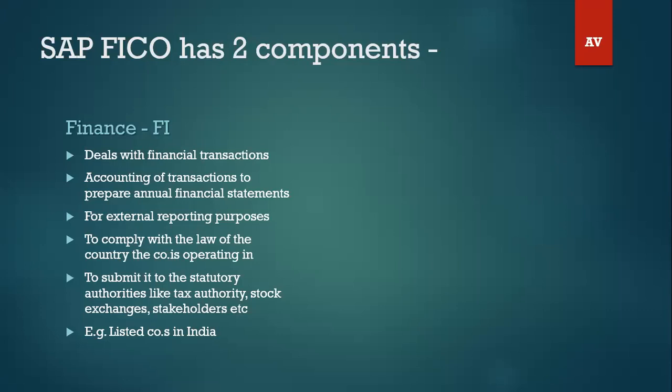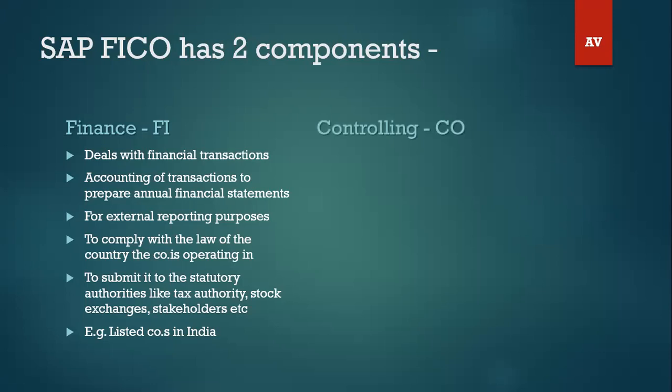At the same time, whenever tax assessments are going on, or for the purpose of the Companies Act, we have to submit annual financial statements. So, to summarize, finance is for external reporting requirements.